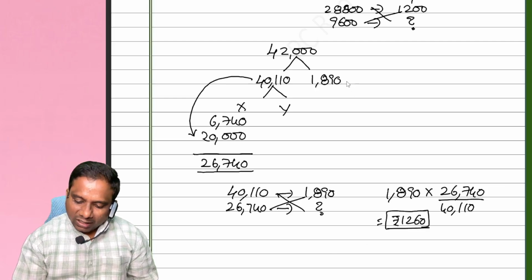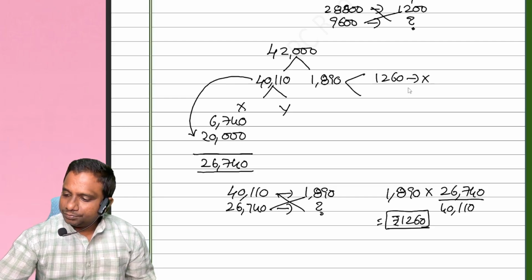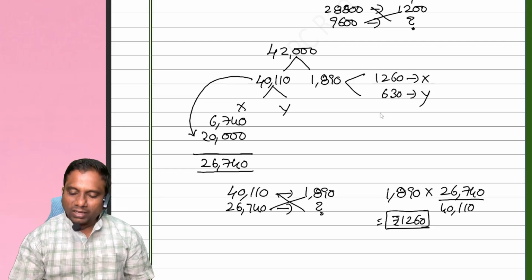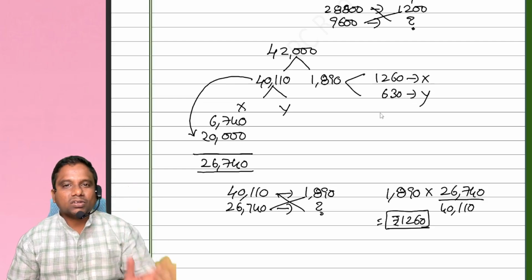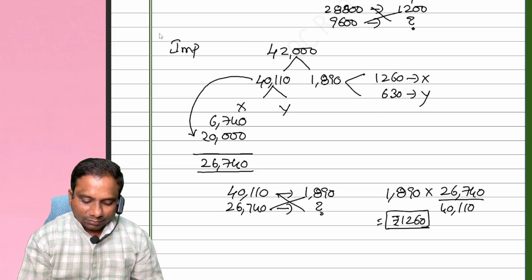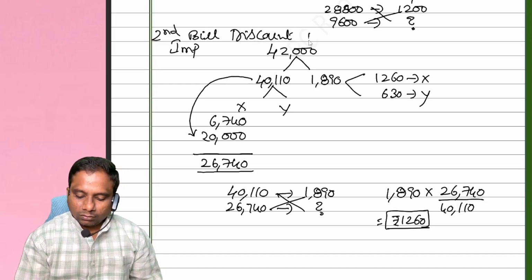Now, out of 1,890, 1,260 is shared by X, and the remaining amount 630 is shared by Y. Understood this concept? Very, very important. This is the second bill discount distribution.